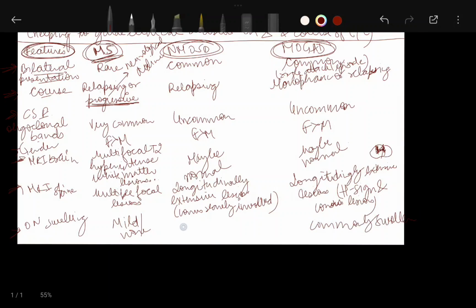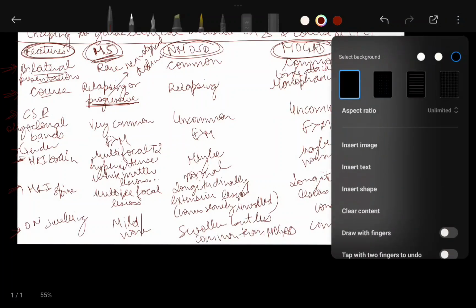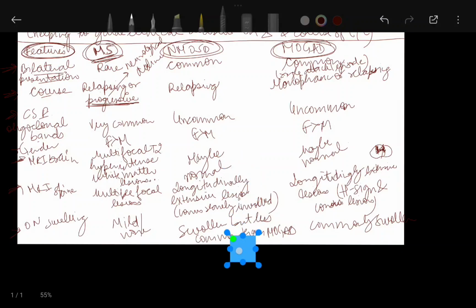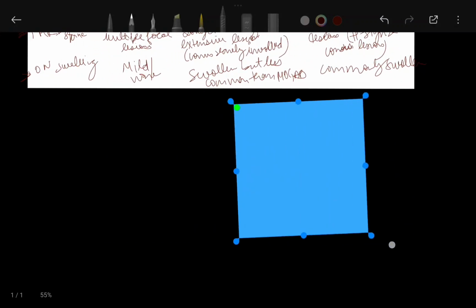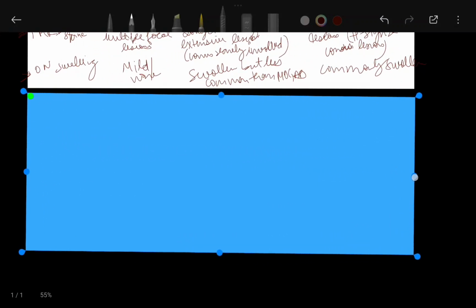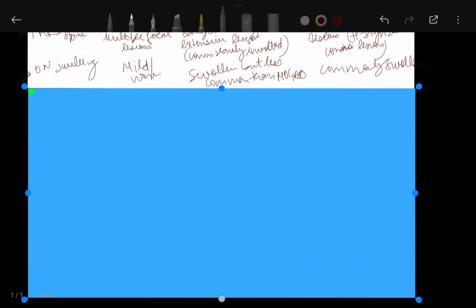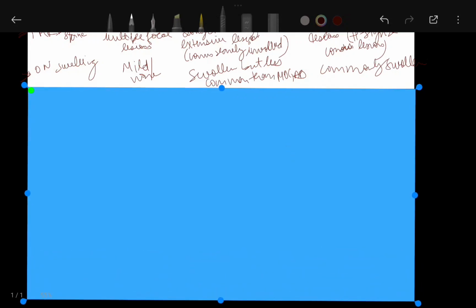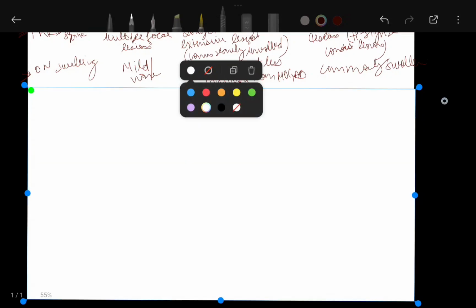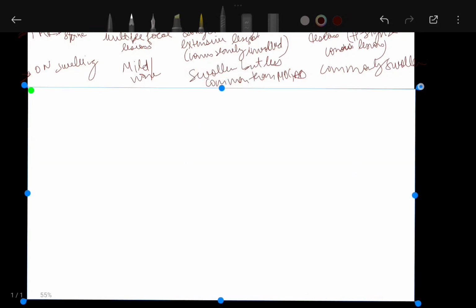In NMOSD, it is swollen, but less common than MOGD. After the optic nerve swelling, it is mainly seen in MOGD.